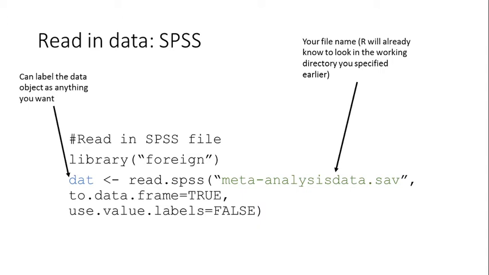And so R knows where to get it from because we specified a working directory earlier. So it's saying this data file is from here, and there's various options. I use these defaults.